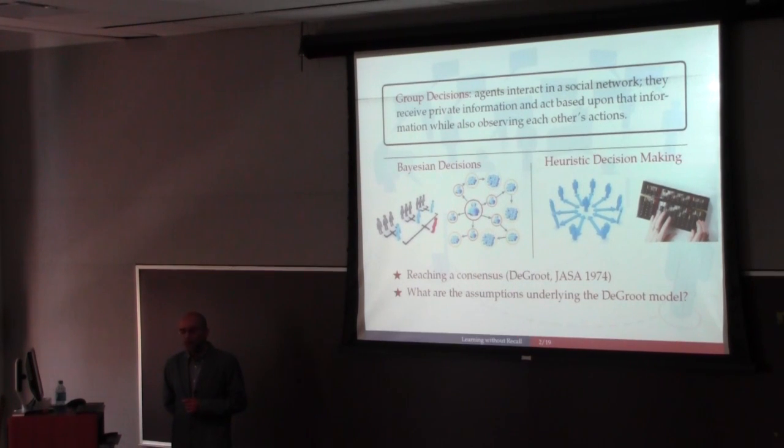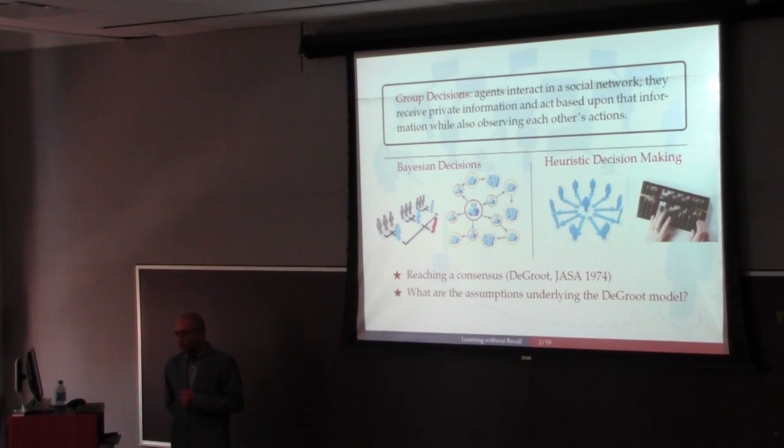So the alternative is to rely on some heuristics for decision making. These kinds of heuristics are observed in real life quite often, so using heuristics for decision making appears to be a good descriptor. For example, one very famous heuristic is averaging. In many situations, when people are faced with multiple sources of information, to aggregate them, they average them together.